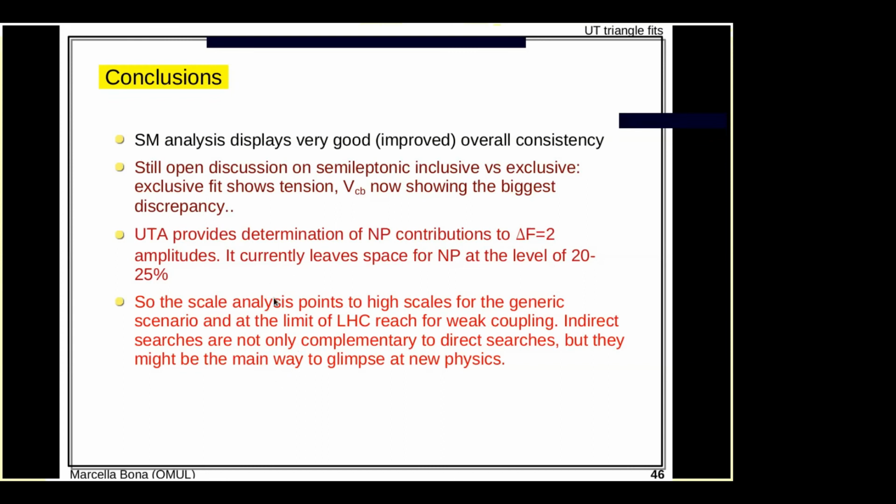And of course, I left out completely the up-type sector, so the D sector at this point. I do include it in the scale analysis, but not in my other one, and that can also be very interesting. I think I can finish here.